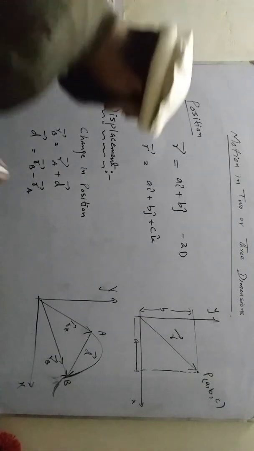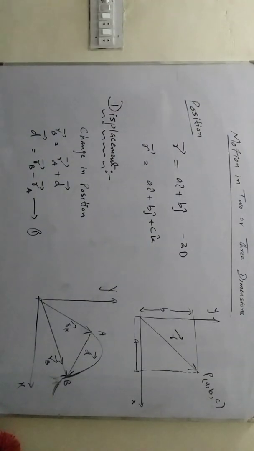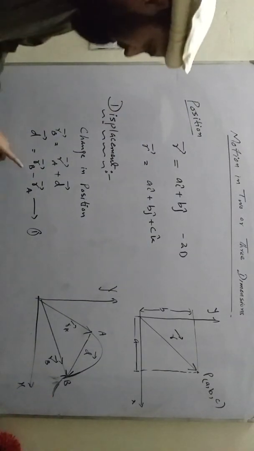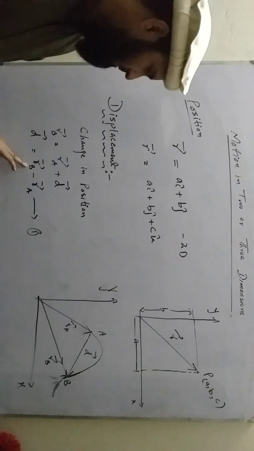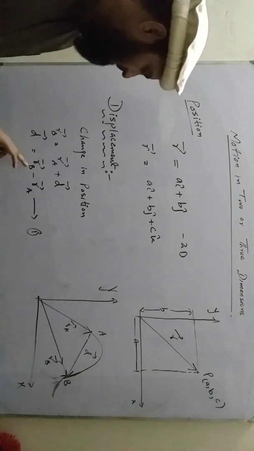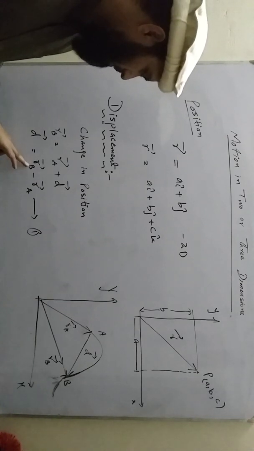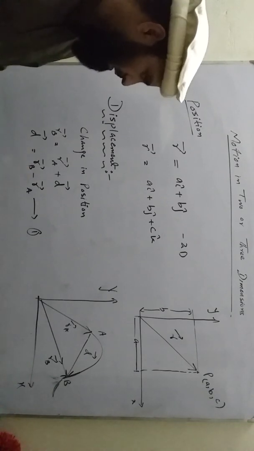The right side of this equation number 1 represents the change in position. That means change in position is the change in the position vector, that is RB minus RA.